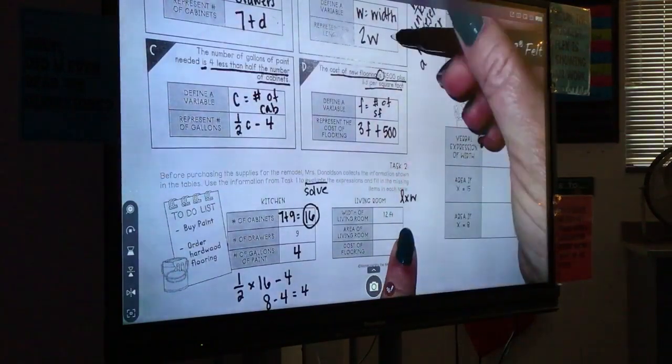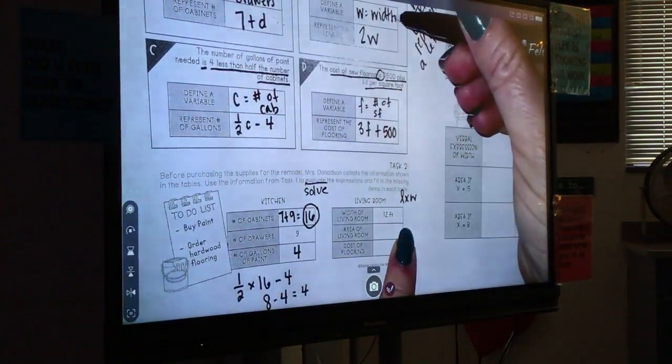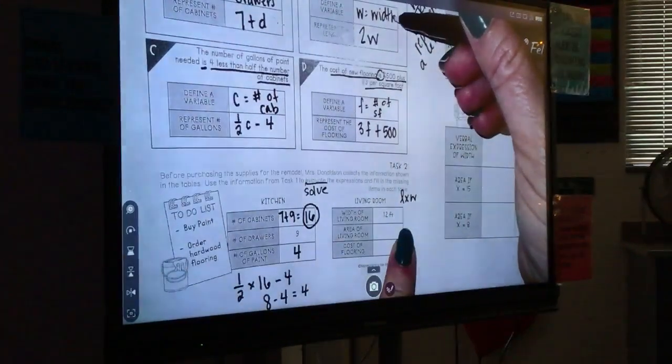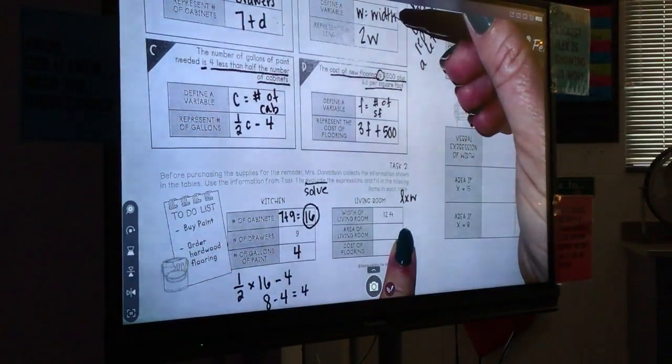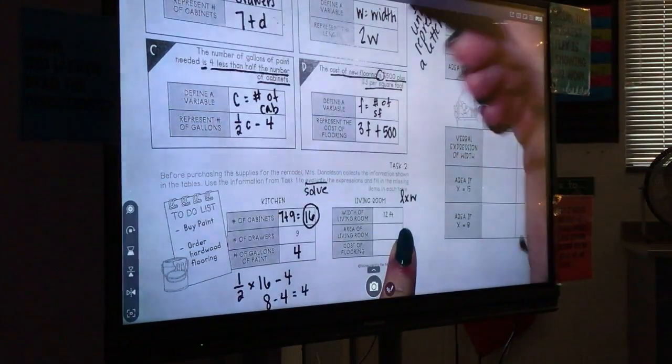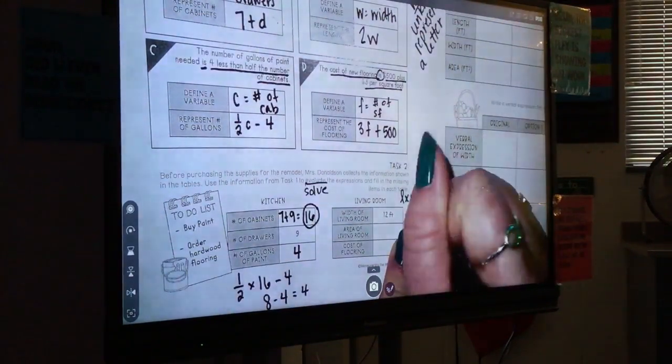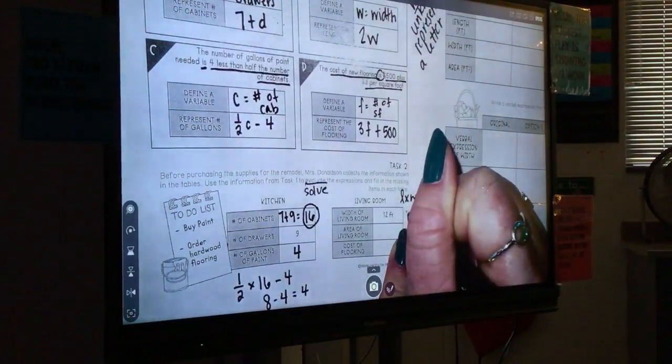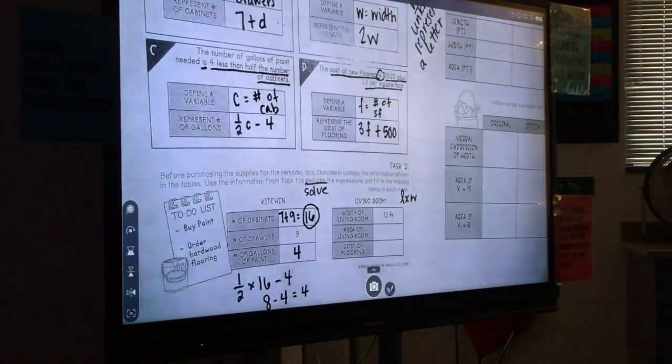What is the expression for our length? Kaden. Length of the living room is twice the width. Right. So again, our length is 2 times W, so 2 times the width.